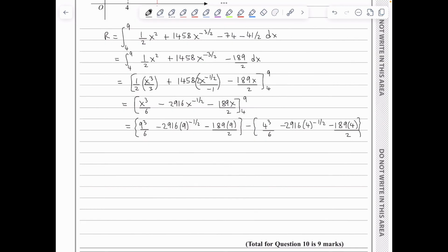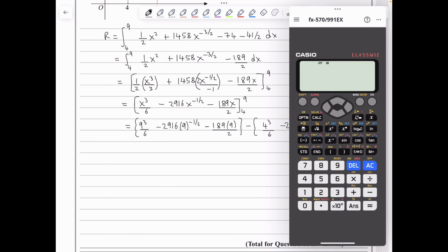So I'm gonna go on my calculator. I will press 9 and store it on my answer key, and then I will do ans cubed over 6. So I'm trying to evaluate the upper limit here, minus 2916 ans to the minus a half. That's it there. And then I've got minus 189 ans over 2.